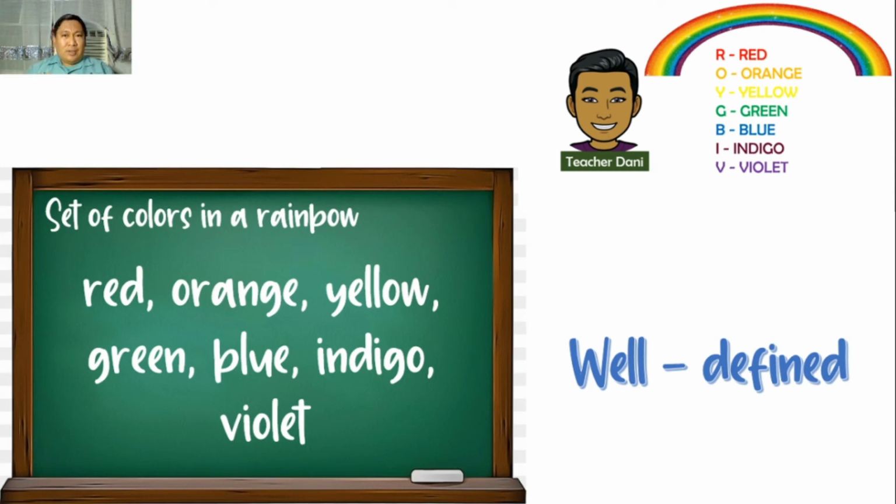A person here knows that the colors of a rainbow can be identified using the acronym ROYGBIV, which is also true to other persons in other places. They have the same way of identifying the colors of a rainbow. That is why this is called a well-defined set.